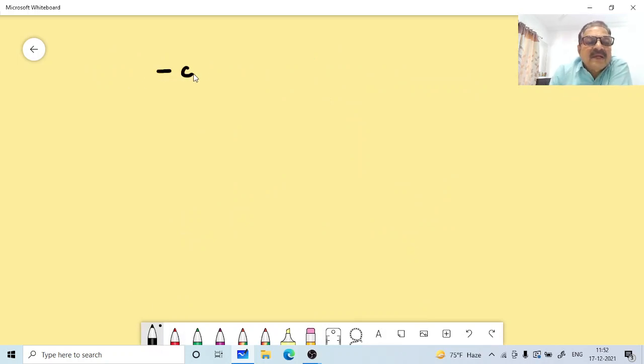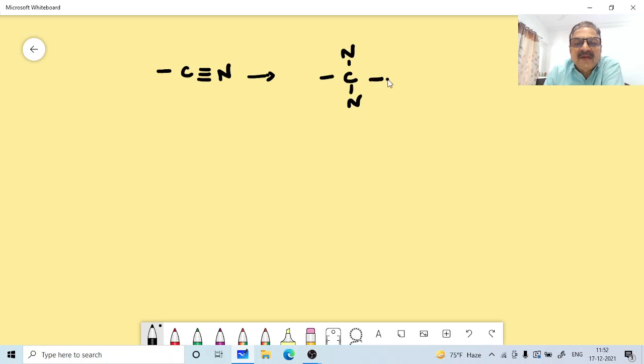Now, in the case of CN, it is equivalent to, okay, this triple bond. C is to be connected to how many nitrogens? 3 nitrogens, because there is a triple bond here. 1 nitrogen, 1 nitrogen, 1 nitrogen. Now this nitrogen is bonded to carbon by a triple bond. So how many carbons will we have to add? 2 carbons. Here, additionally 2 carbons we are adding.